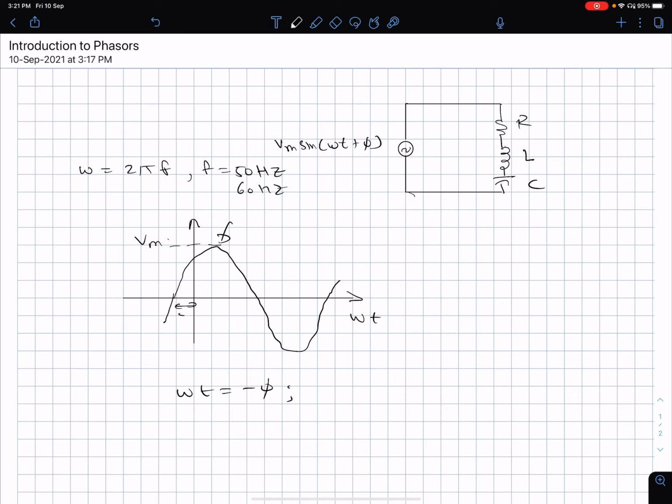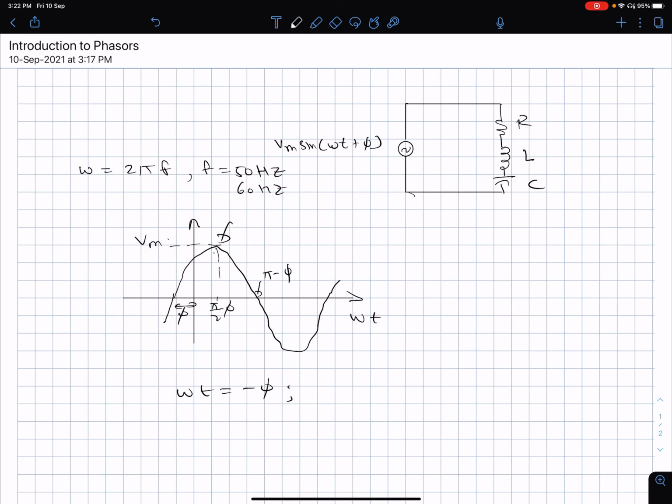So therefore this is the minus phi angle which is here, and at an angle of pi by 2 minus phi, it will reach its peak value of Vm, and then will come back to 0 at 180 degrees, or pi radians minus phi, and then you will get the negative lobe and so on and so forth.